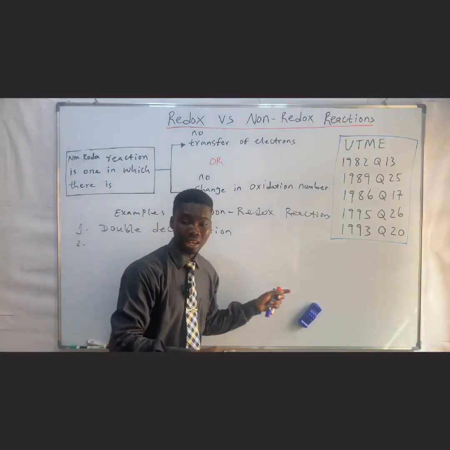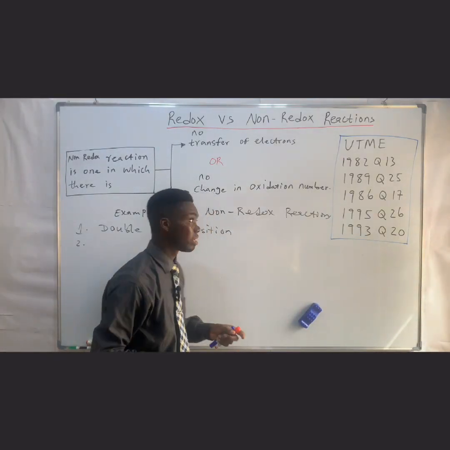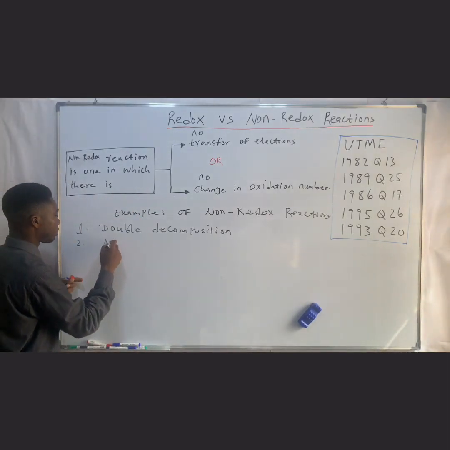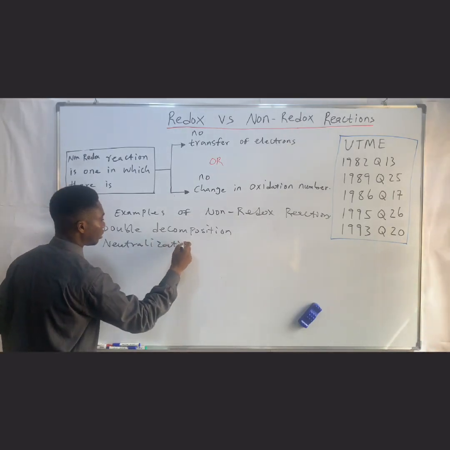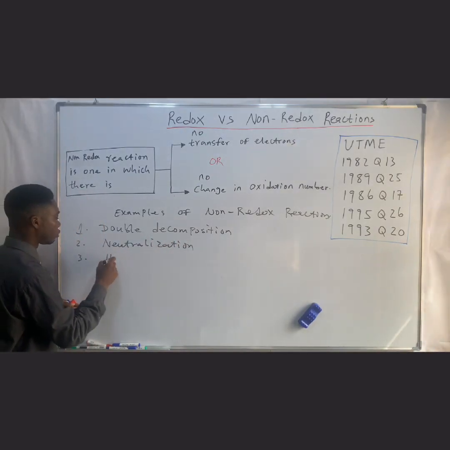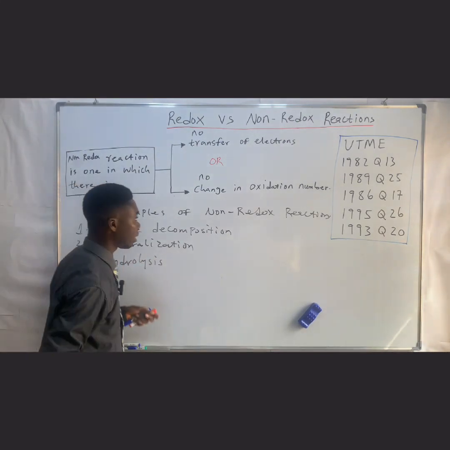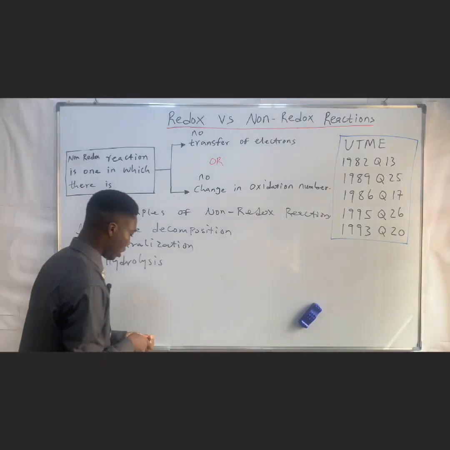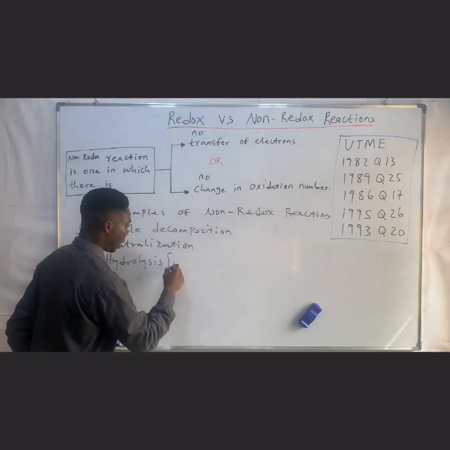Whether you call it double decomposition, metathesis or double replacement reaction, all of them mean the same thing. It's an example of non-redox reaction. Number two, neutralization. And number three, hydrolysis. Whenever you see these headings, they are examples of non-redox reaction.